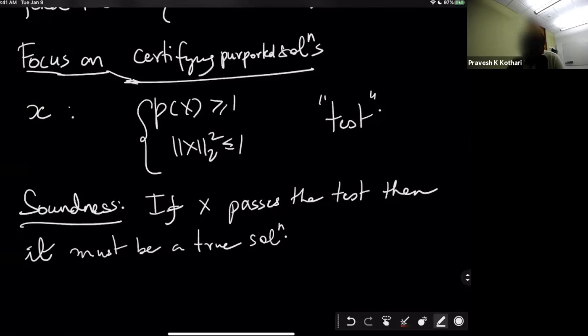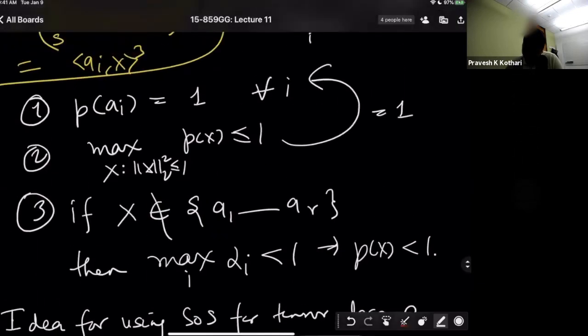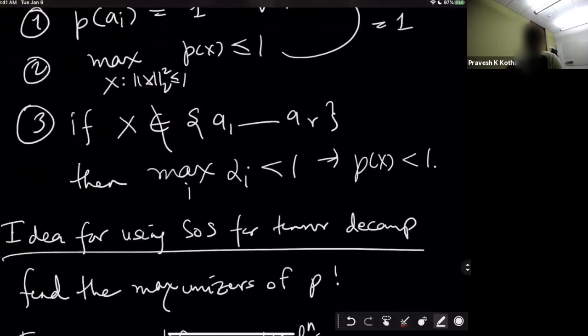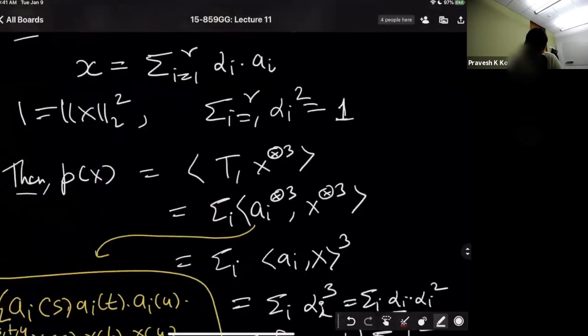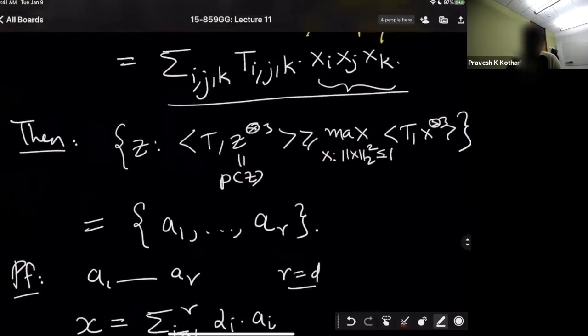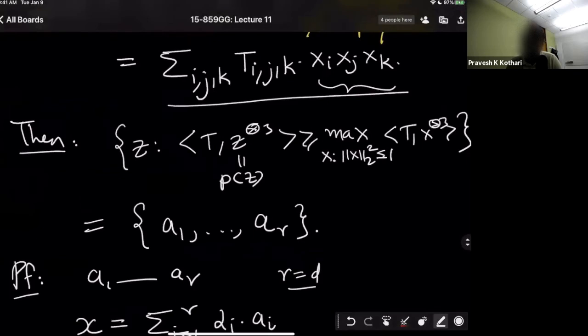Now you can see that in a certain sense, in the real world at least, we already have a proof of whatever soundness could mean. We already proved here that if x is not equal to one of the a_1 through a_R, then it cannot be a maximizer. I can take the contrapositive: if x maximizes, it must be one of the a_1 through a_R. So this real world proof says that the maximizers of P are in direct correspondence with the components of the tensor.